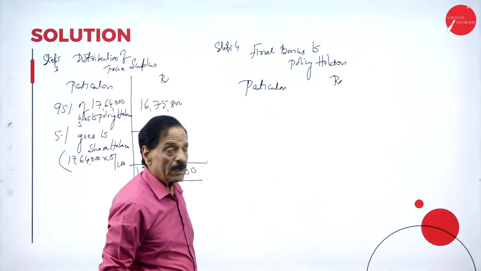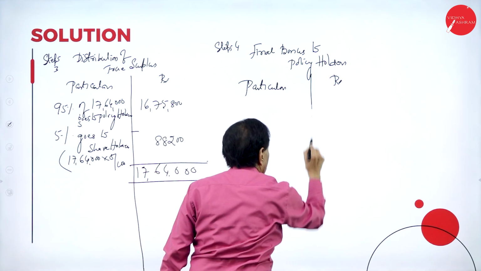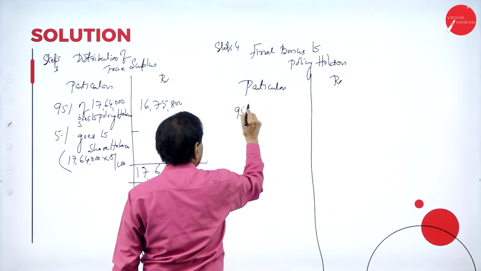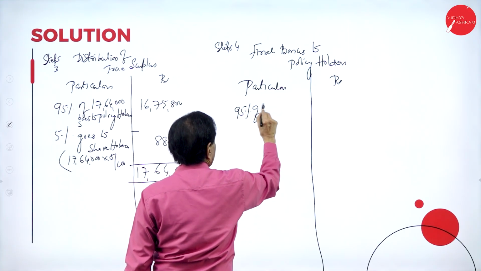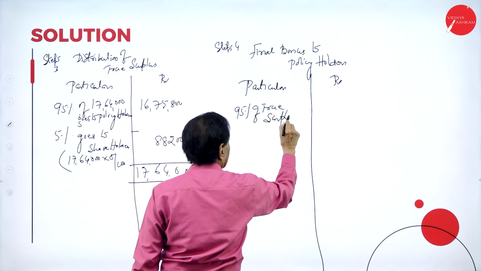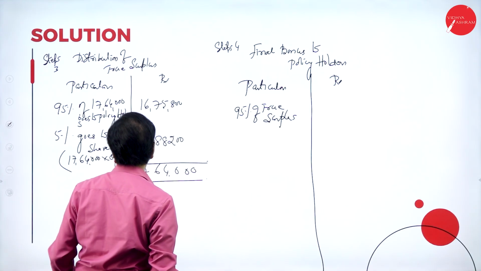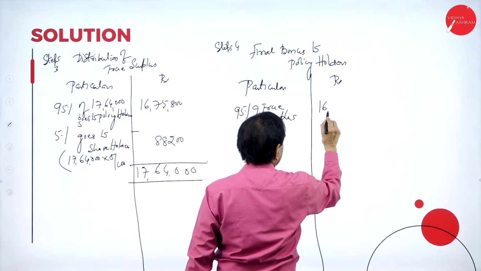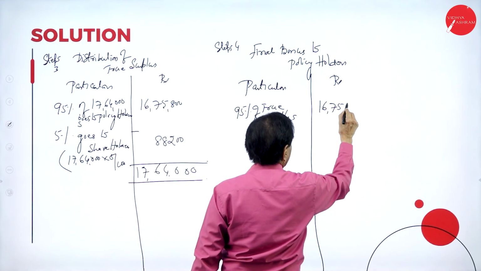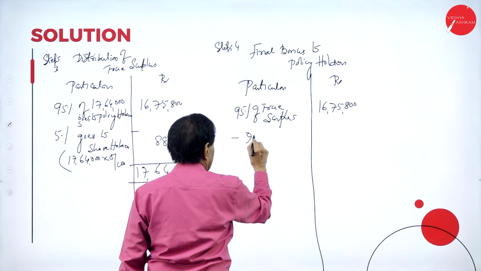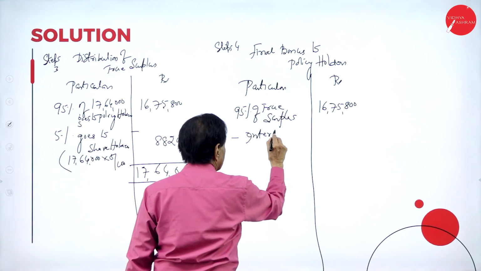Final bonus to policy holder. So 95% of true surplus. 95% of true surplus, 16 lakh 75,800, minus interim bonus.